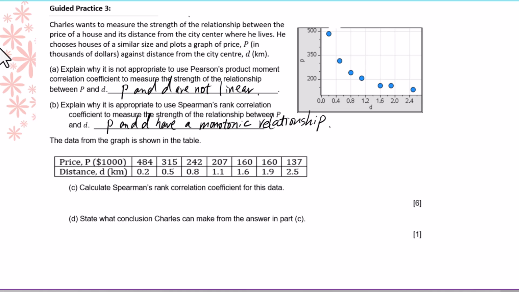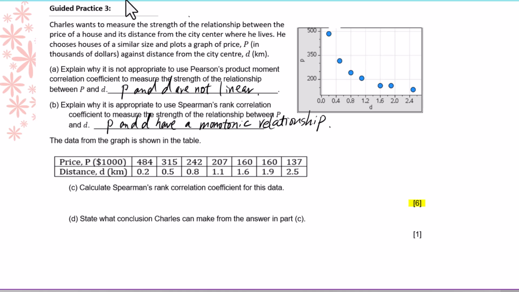Data from the graph is shown in the table. Calculate Spearman's rank correlation coefficient for this data. It's 6 marks, which means you have to draw the table for the ranks. Let's calculate the ranks first.